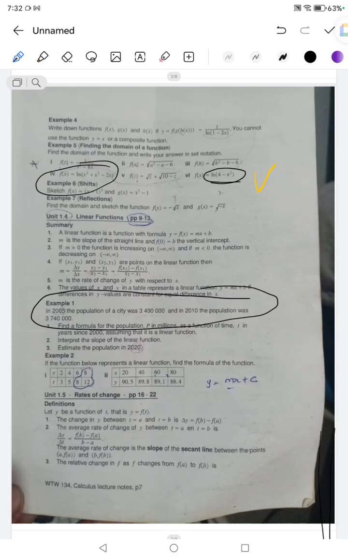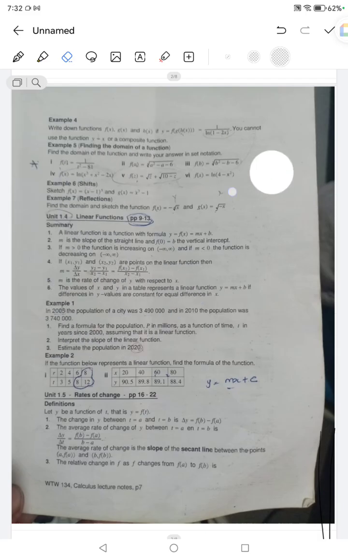The main thing you have to keep note of is that each and every time we have something like this, you check if it's years. Here you have 2005, here you have 2010.